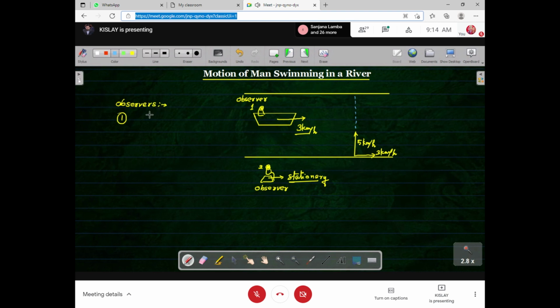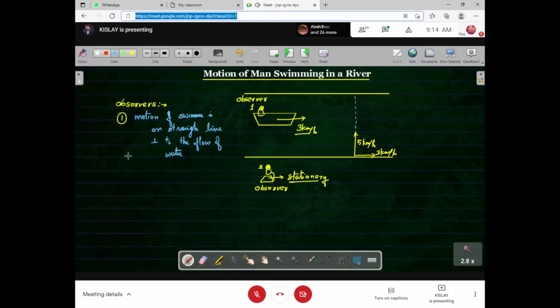For observer 1, the motion of the swimmer is on a straight line perpendicular to the flow of water.